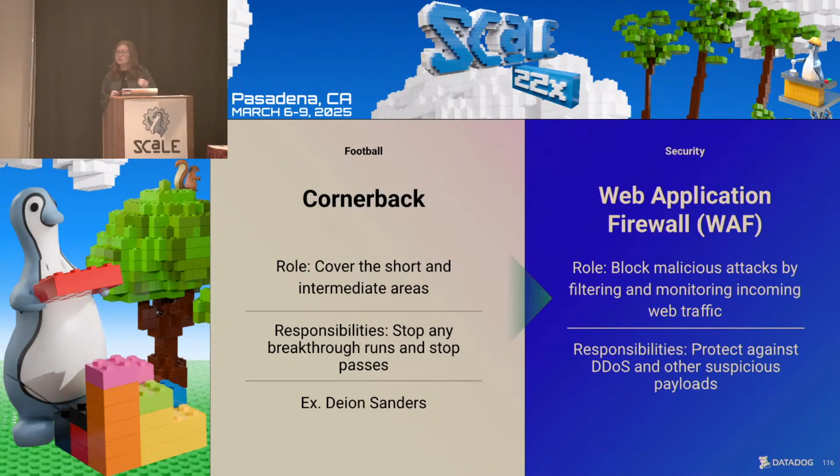So it gives us some great visibility into the threat landscape. It really helps us find suspicious payloads. It's good at DDoS protection, or distributed denial of service, because it helps give visibility into inbound traffic, and it sees how many requests are being made. And it can also help rate limit if needed.